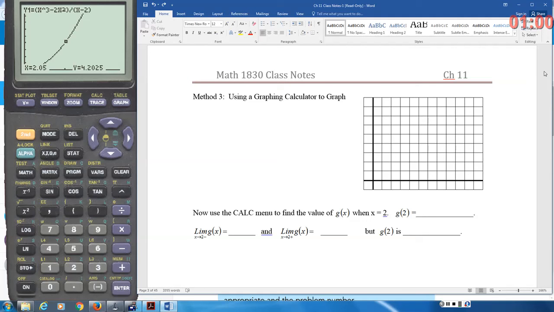You're taking the limit of the function as x approaches 2, and it'll have a little negative sign after the 2 to show that it's coming at it from the left. And the value of the right-hand limit, which is as x approaches 2 from numbers bigger than 2 or positive, is also going to be 2. So what we're doing here is we're taking limits visually on a graph.